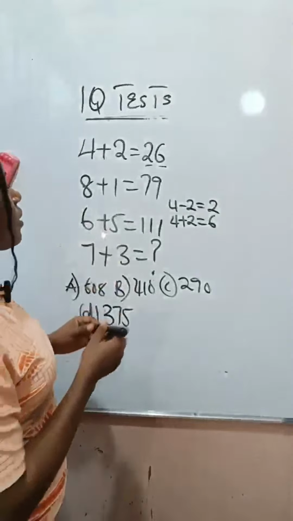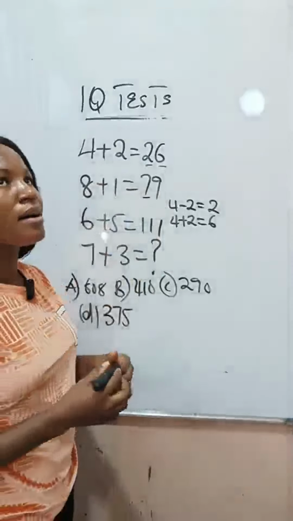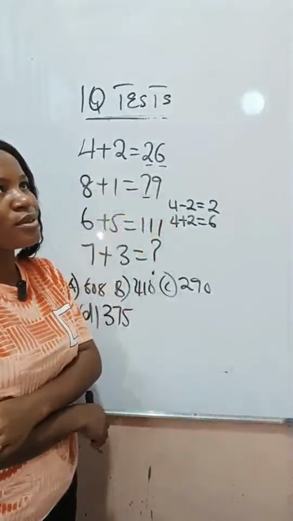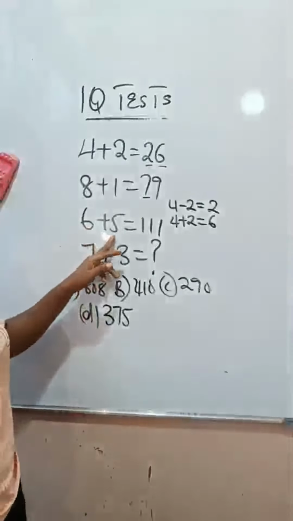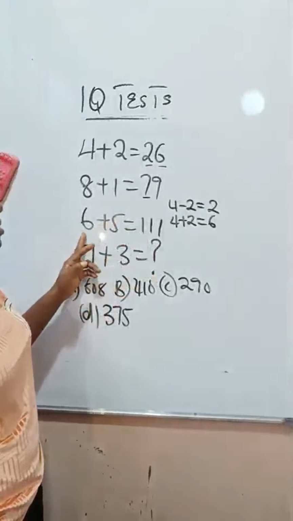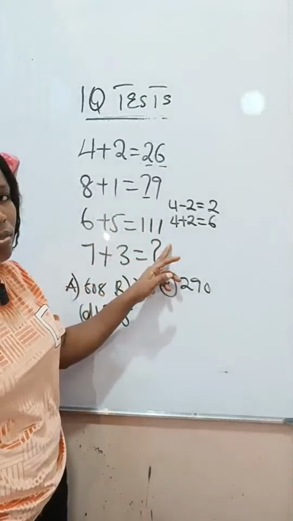Then secondly, 8 minus 1 is 7, that is the first number, and 8 plus 1 is 9, that is the second number. Okay, similarly, 6 minus 5 is 1, the first number, and 6 plus 5 is 11, the second number.